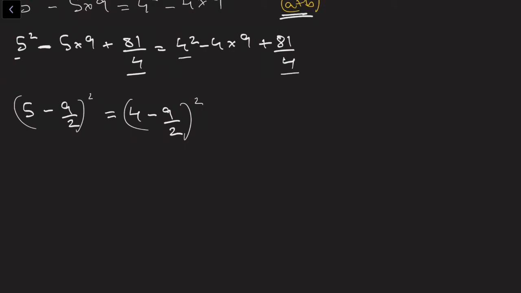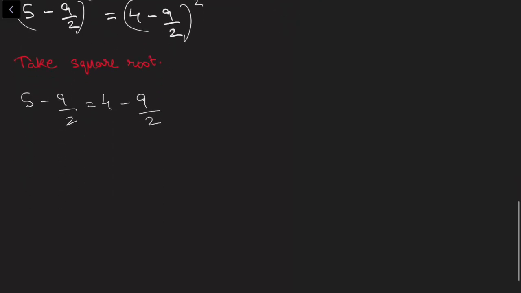And then now let's take square root on both sides. And then you're going to get 5 minus 9 by 2 is equal to 4 minus 9 by 2. And then just cut off 9 by 2, 9 by 2, and then you'll get 5 is equal to 4.